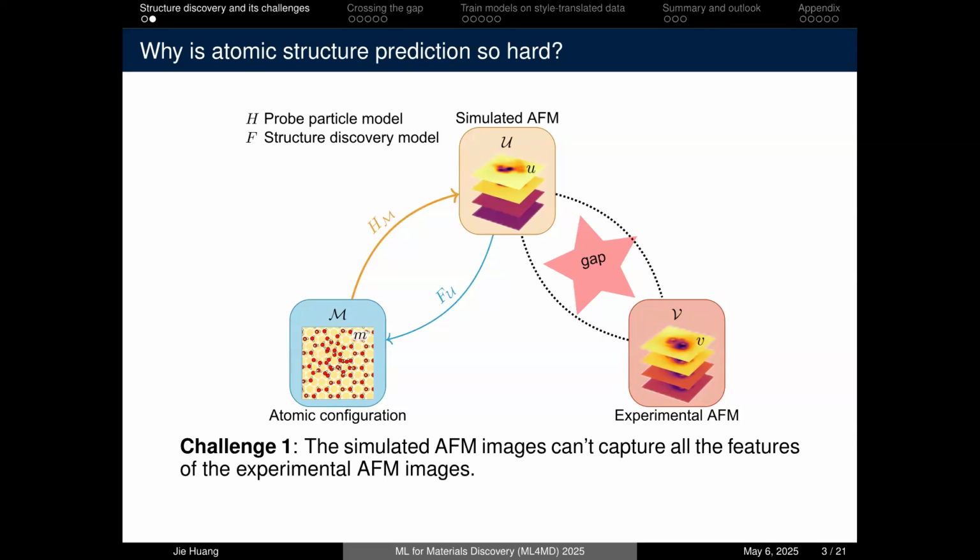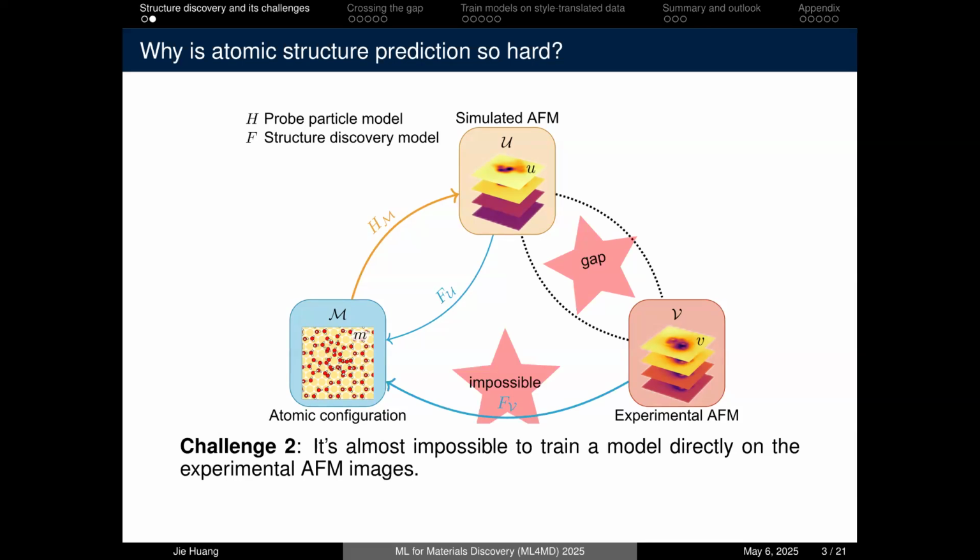So a natural question is whether it's possible to train a model directly on these experimental AFM images. It's almost impossible for two reasons. The first one is it costs a lot to generate a lot of experimental AFM images.